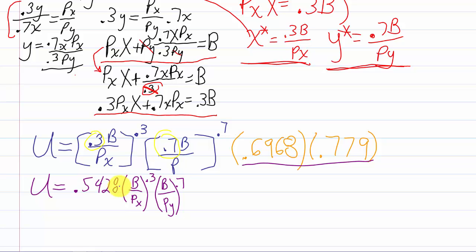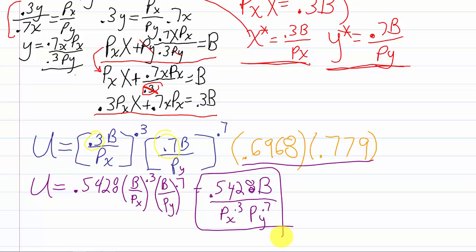So an equivalent way to write this would be 0.5428 B, because B to the 0.3 times B to the 0.7 is B to the first, and then we could just divide that by price of X to the 0.3, price of Y to the 0.7. So just doing some basic rearranging there. Now, this is our indirect utility function. One way to write it.